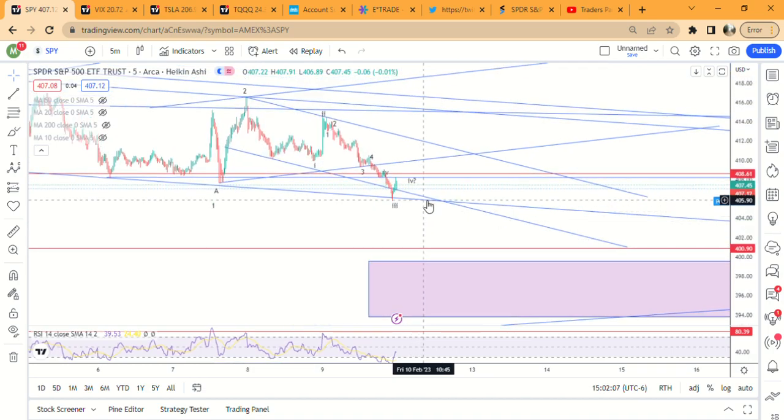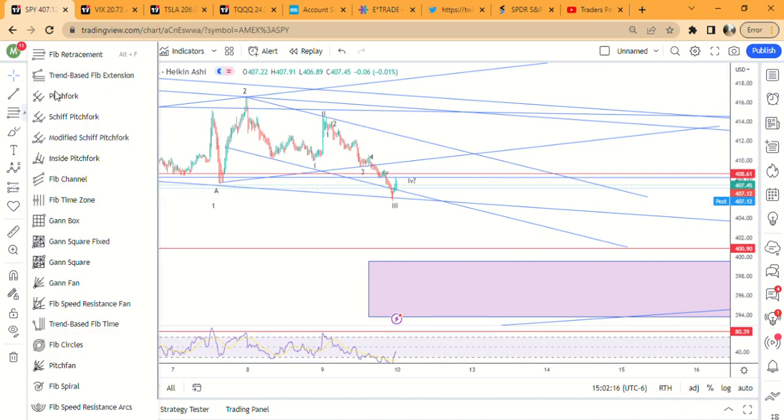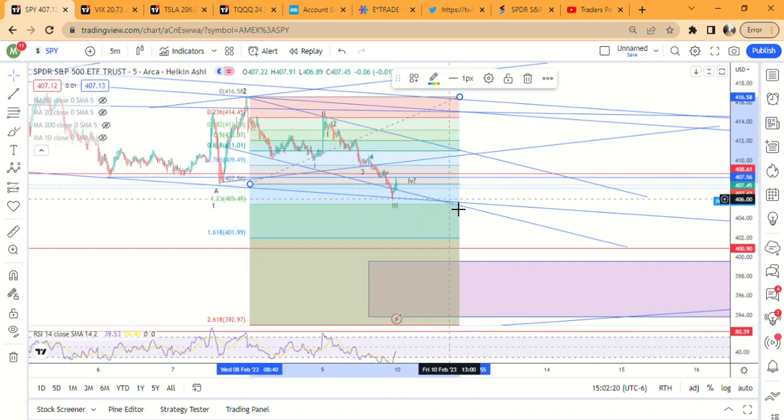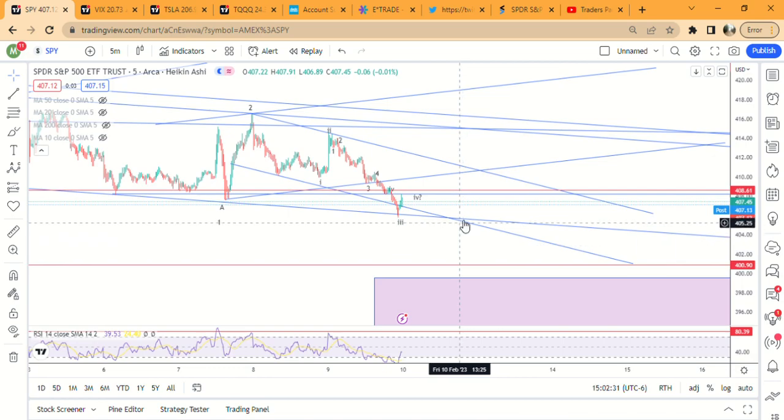If it breaks this and also gets to 401, it's a third wave. If it breaks this and stops at 403, it's probably a C wave. Although that's kind of dicey too, because then you're looking at an expanded flat that is a little bit too expanded on the B wave side. So we'll watch it and see what happens.